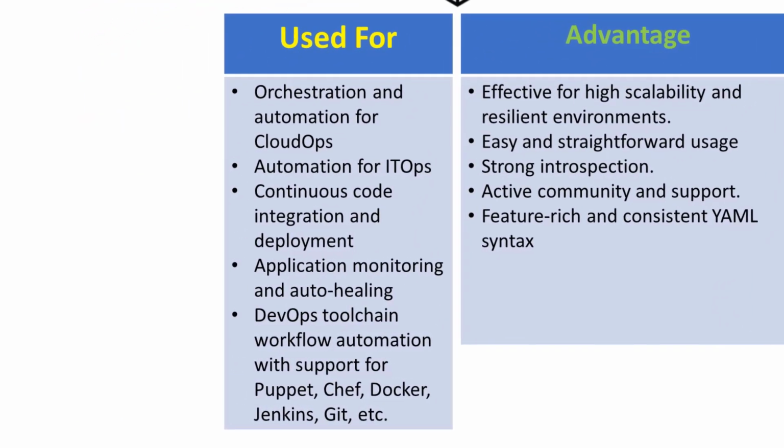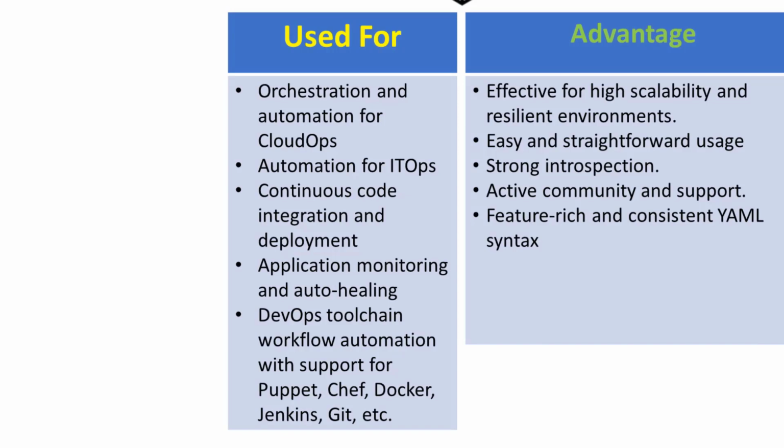SaltStack is used for the following. It is used for orchestration and automation for cloud ops, automation for IT ops, continuous code integration and deployment, application monitoring and auto healing, DevOps toolchain workflow automation with support for Puppet, Chef, Docker, Jenkins, and Git, and etc.